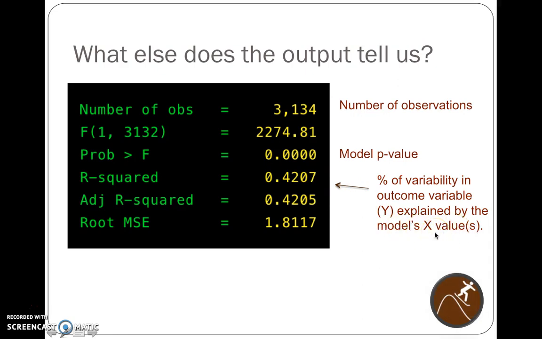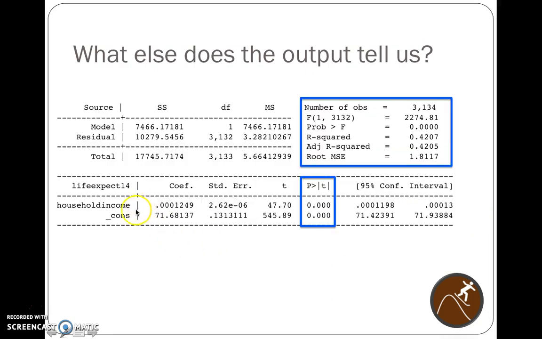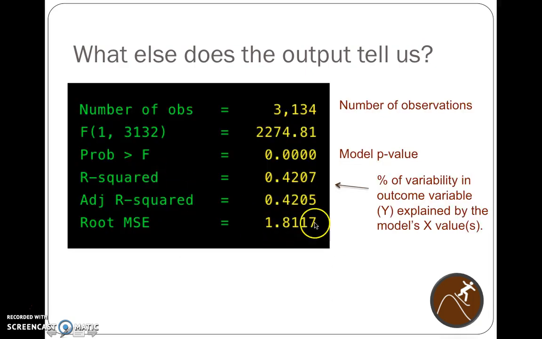In this case, only explained by the one variable, which was household income. So you could actually say household income explains 42% of the life expectancy data we've got for the United States. It explains 42% of the variability in life expectancy.